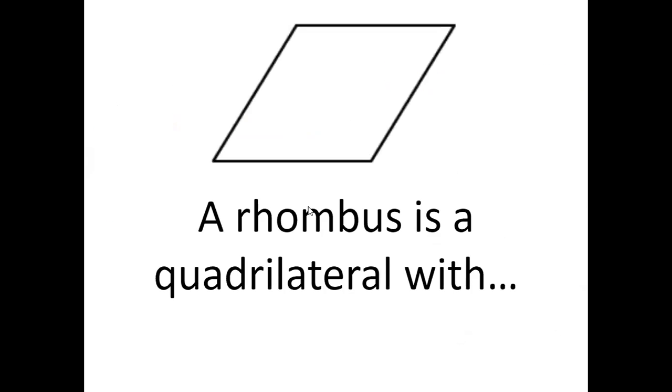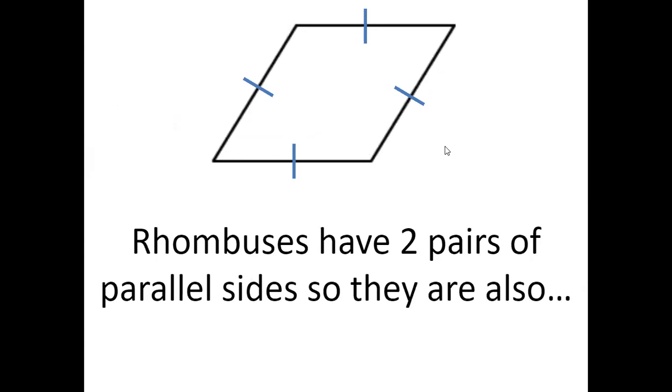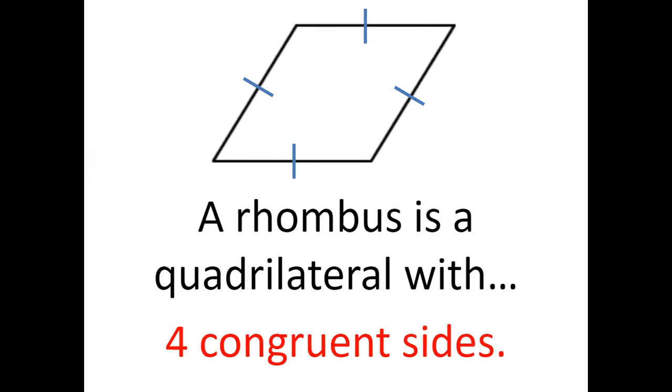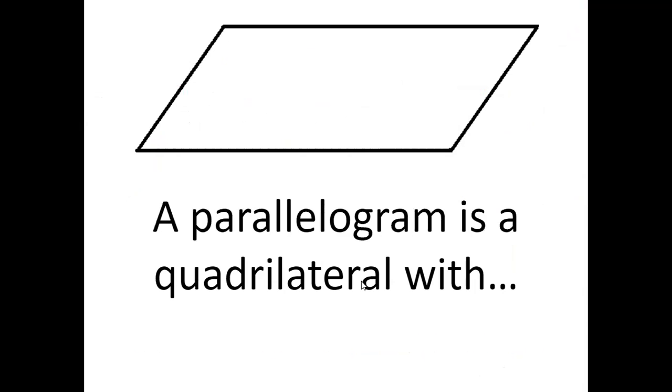A rhombus is a quadrilateral with, again, do it on your own first, four congruent sides. Rhombuses have two pairs of parallel sides, so they're also considered parallelograms. Again, going all the way back to that diagram, this is what I'm talking about. Because it has two pairs of parallel sides, it is also considered a parallelogram, which means it is also a quadrilateral, okay?